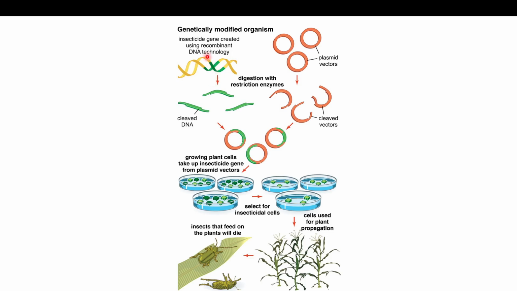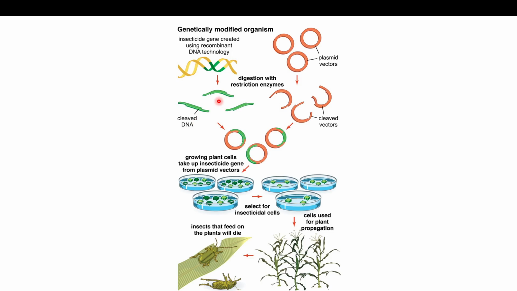And what happens is, we cut it into smaller parts, because this is the whole DNA. Now only this particular sequence is of our interest, so we have to take it out of the whole long sequence of DNA. So we chop the DNA into small fragments. Now this DNA is from some other source.